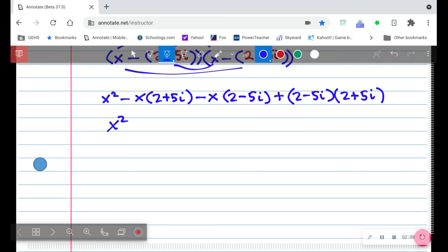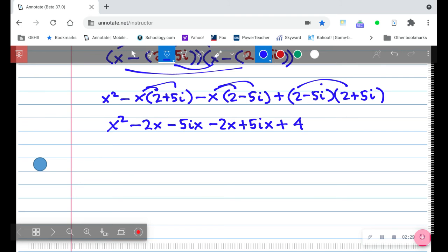X squared will distribute here, minus 2x minus 5ix, and distribute here, so it's minus 2x again, but this time it's plus 5ix. And down on the end here is 2 complex numbers times each other. So first times first is 4, last times last is minus 25i squared.